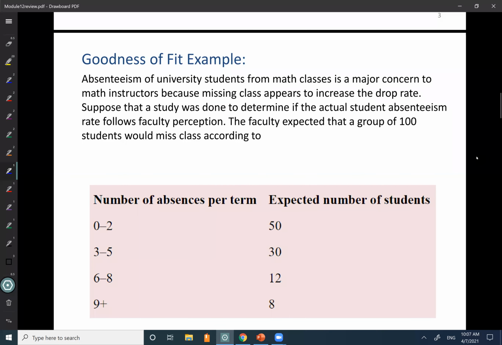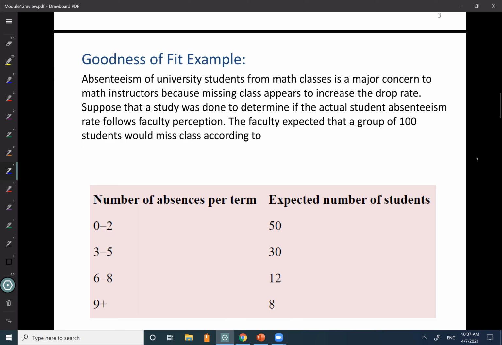Suppose a study was done to determine if the actual student absenteeism rate follows faculty perception. Perception means what they would expect the distribution to look like. So the faculty expected that a group of 100 students would miss class according to this chart.